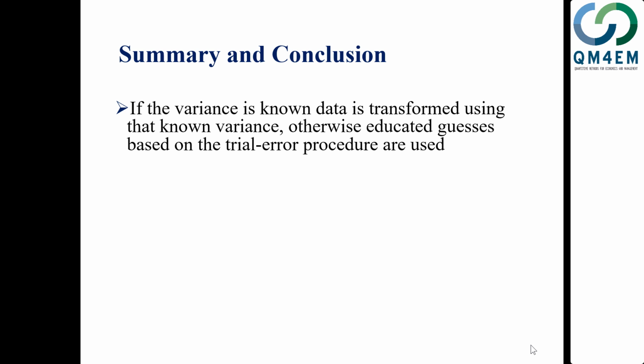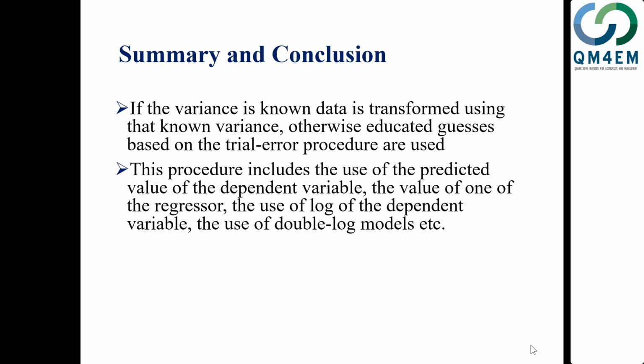If it was not known, we used a trial and error procedure with some educated guesses. These educated guesses were of different forms: for example, using the predicted value of the dependent variable, or the value of one of the regressors, or the square of the regressor, or the log of the dependent variable or double log models.